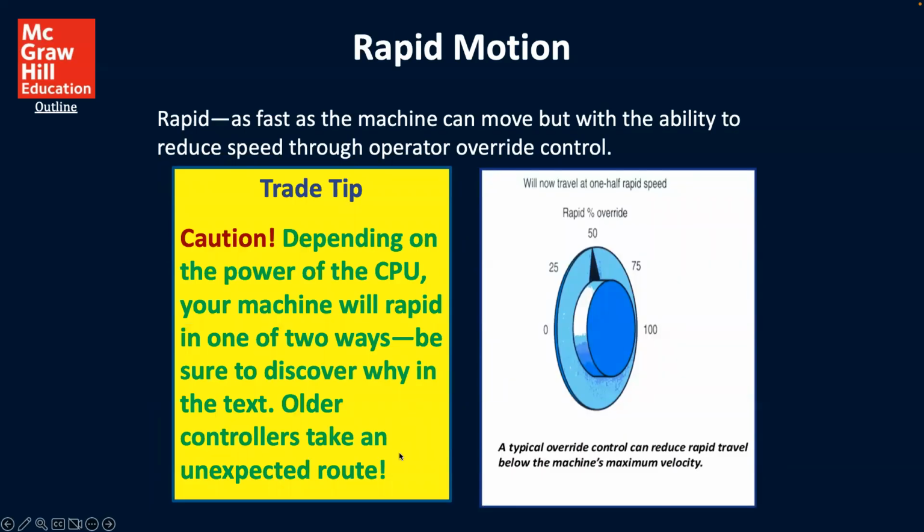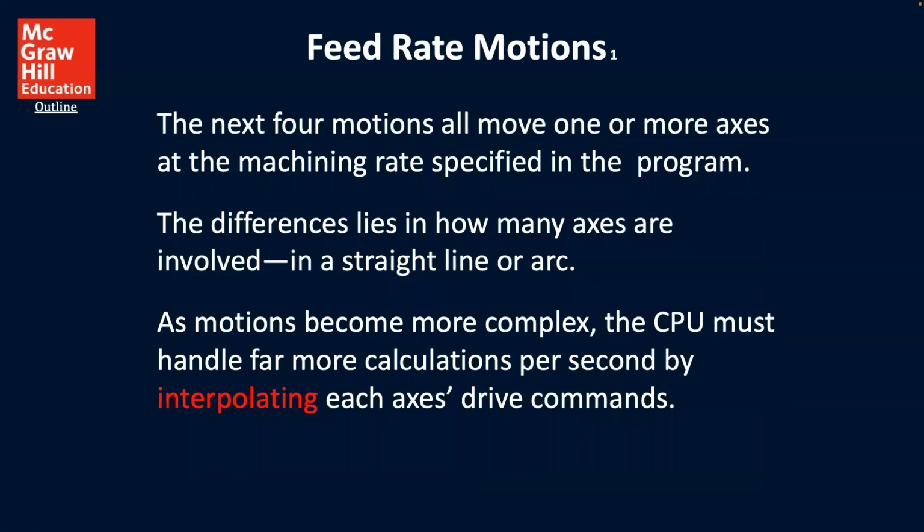The older controllers can take an unexpected route. So it may be easy to have an idea of how to program something, but you once again have to be thinking about what the limitations are of the machine that you're actually using. So think about that before you think about doing an override or other things when you're dealing with rapid motion.